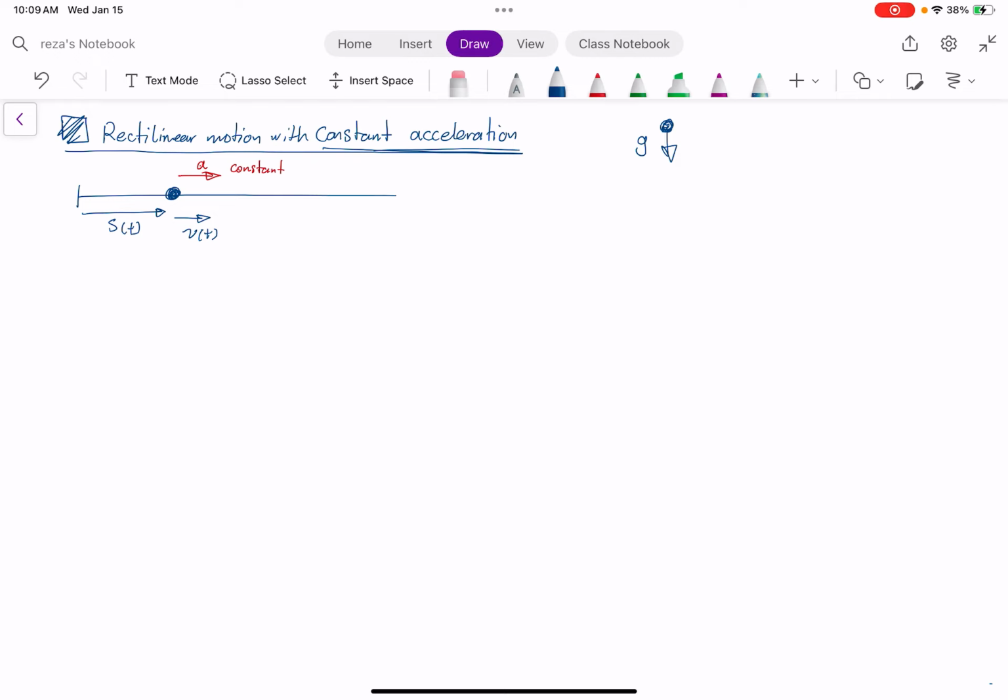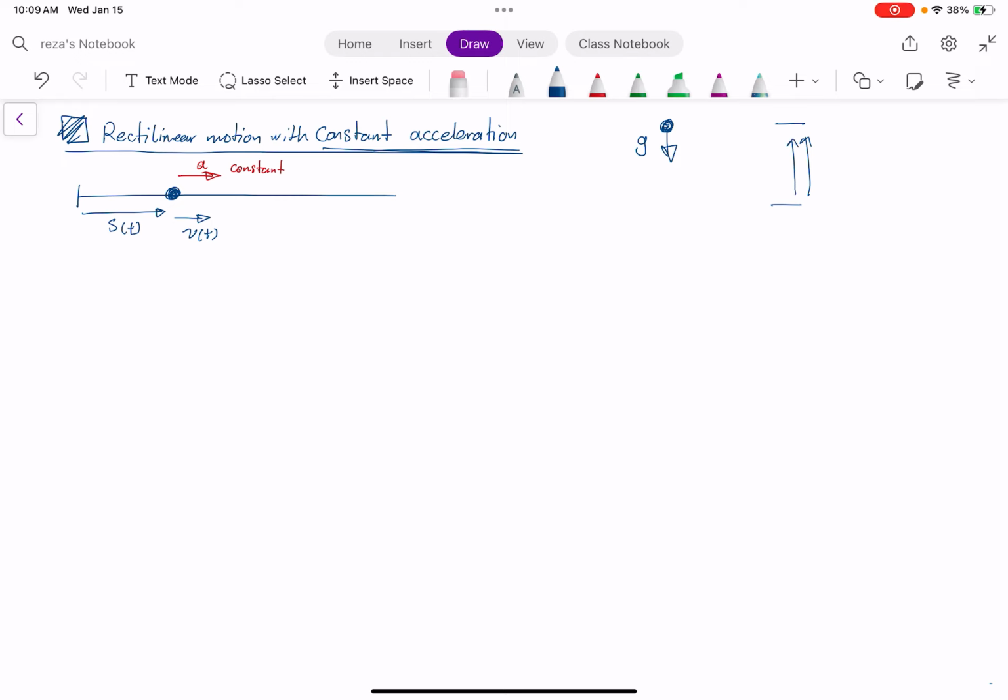Another good example is when you have an electric field and a charged particle. Let me draw it a little bigger.